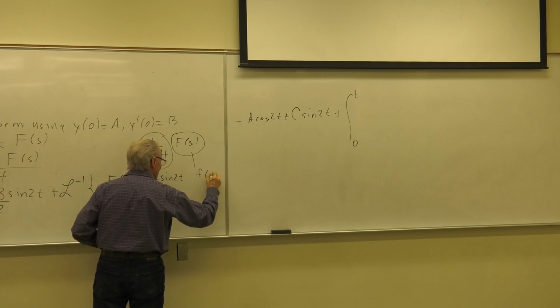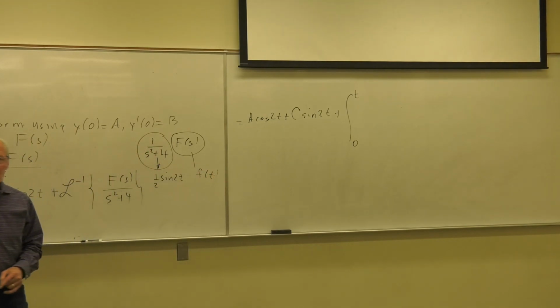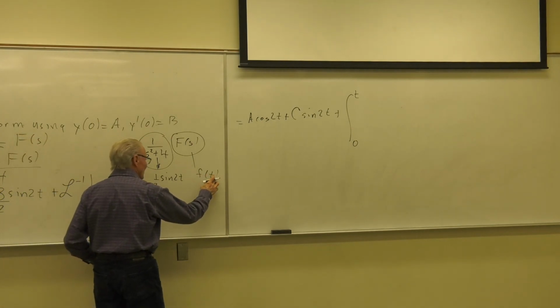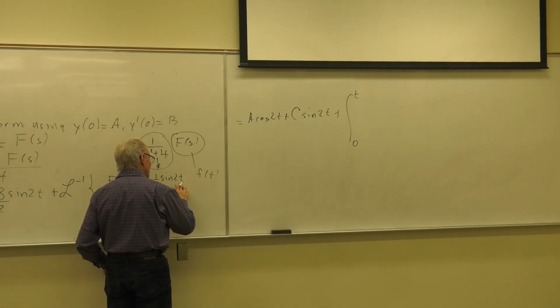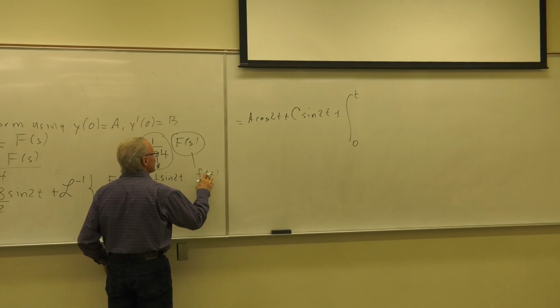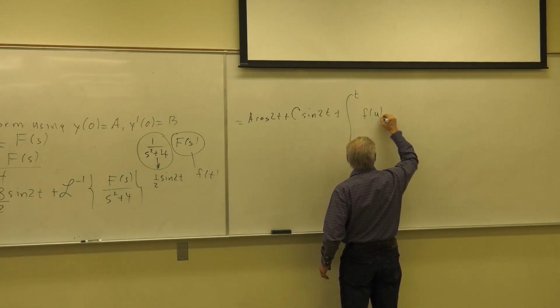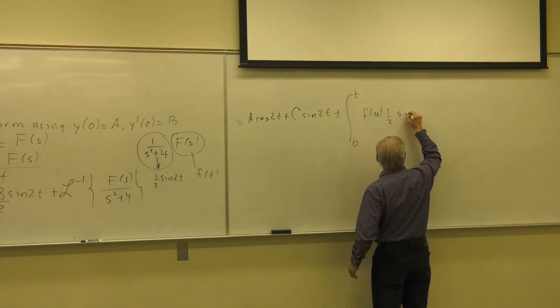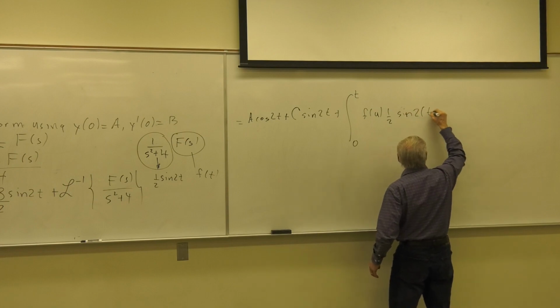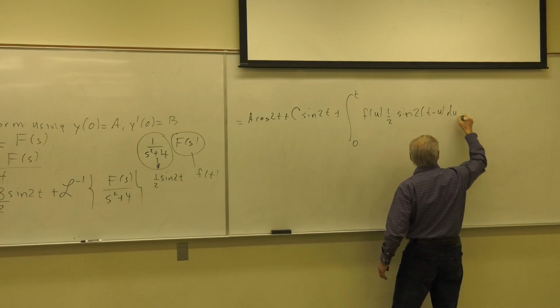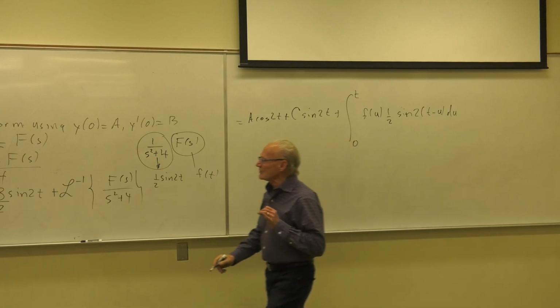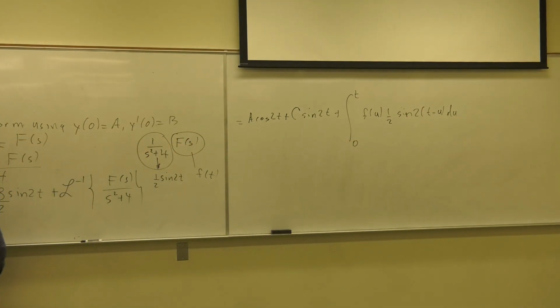Inverse of that, f of t. We're going to put u's in here and t minus u's in here, or the other way around. You'd probably choose to put the u's there. So f of u, 1/2 the sine of 2 times t minus u, du. And there's the solution then of this problem.